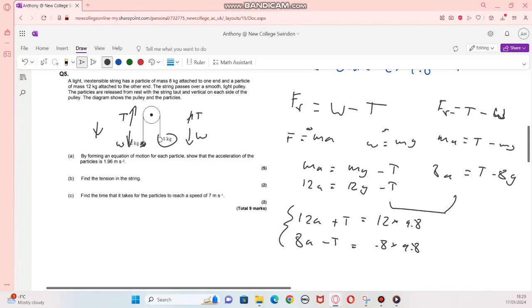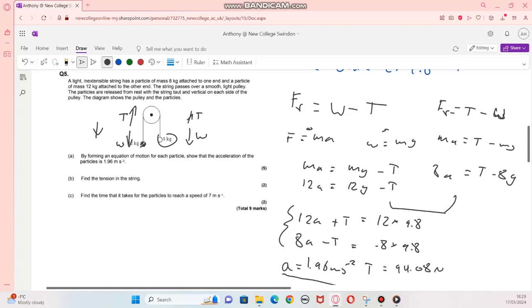You can put these into your calculator, or you can do it separately if you want, but it's easier to just put it in your calculator. You should get a is equal to 1.96, and you also get a value for T. T is equal to 94.08 newtons.